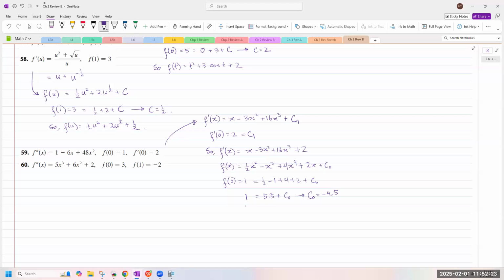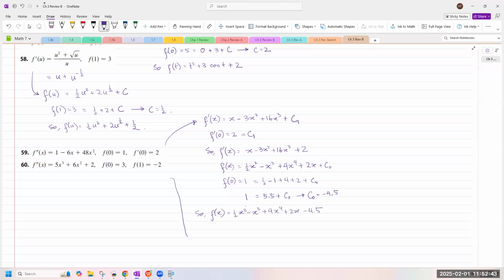Yeah, so f(x), therefore, f(x) equals 1/2 x squared minus x cubed plus 4x to the 4th plus 2x minus 4.5.